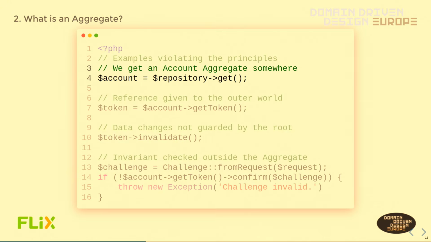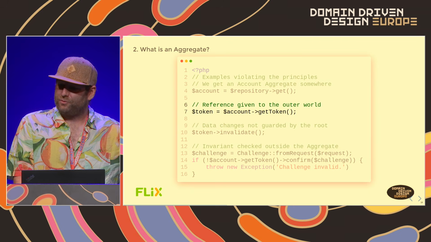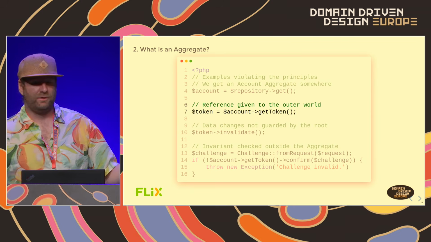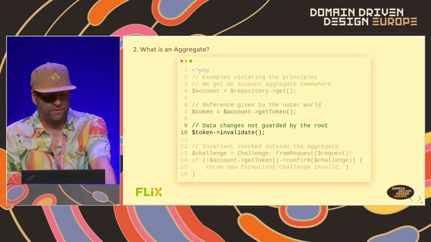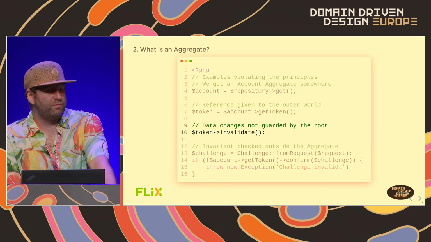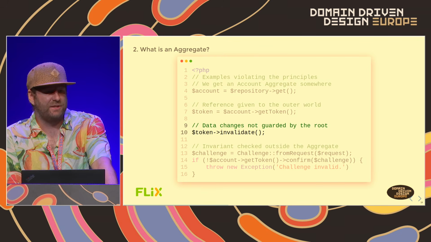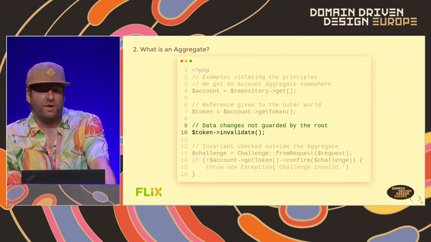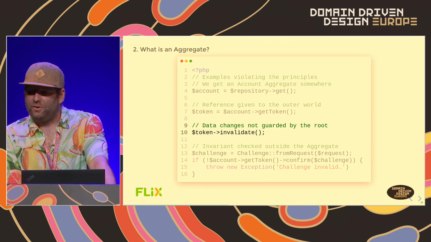The first violating principle is giving out a reference to the outer world, right? You have an account, you get the token, a child entity, and you expose it to the outer world. So you have given out a reference already. And now you do some data change operations on that child entity that are not guarded by the root. So you're violating the principle that all these data changes should go through the root.